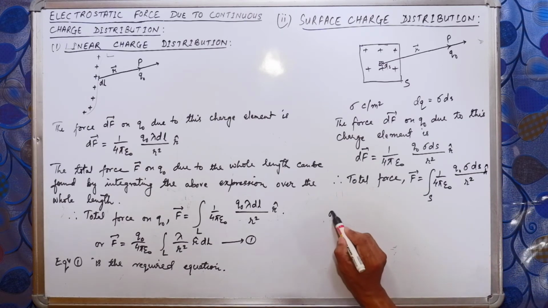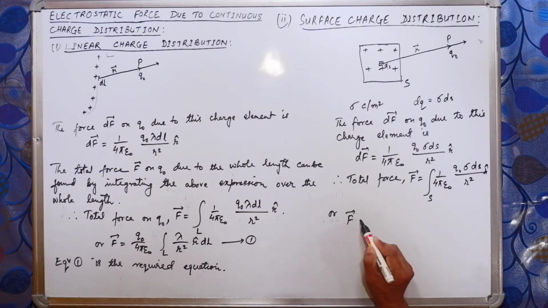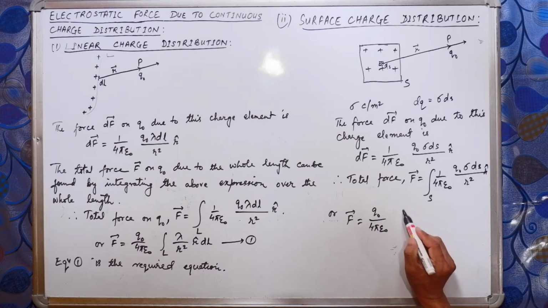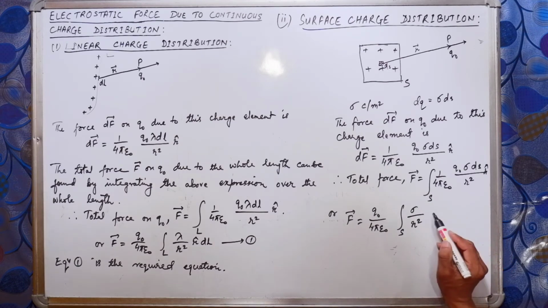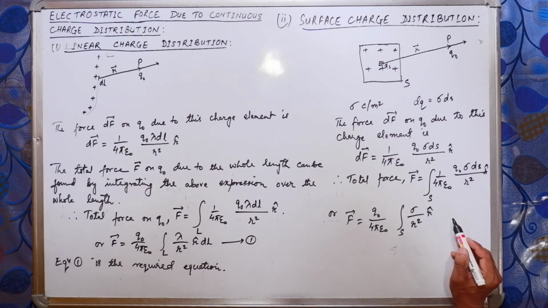Or F equals Q naught by 4 pi epsilon naught, both constants, then integration over surface S of sigma by r square, r cap, ds.